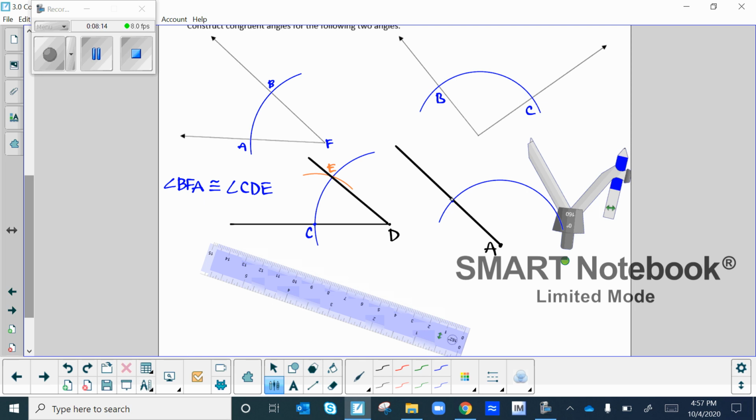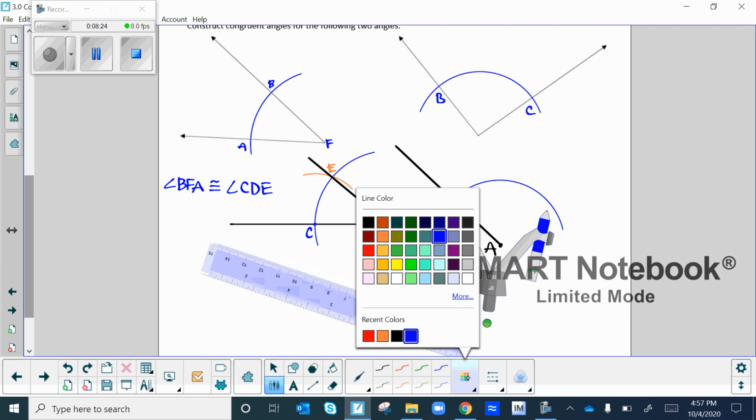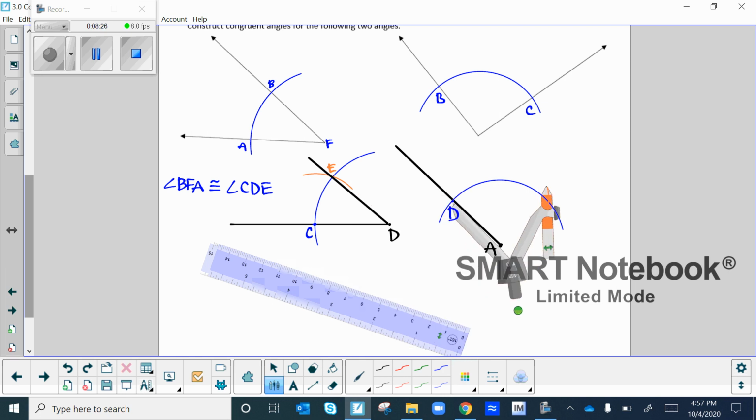That one is going to be point D. So we want to place our compass on point D like so. And let me get a different color so you can see that arc. That's where we want to make the arc where it crosses over on the other side, because that's how wide this angle needs to be to match the angle up at the top.